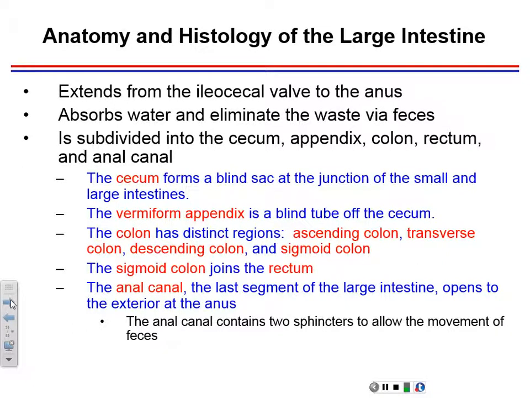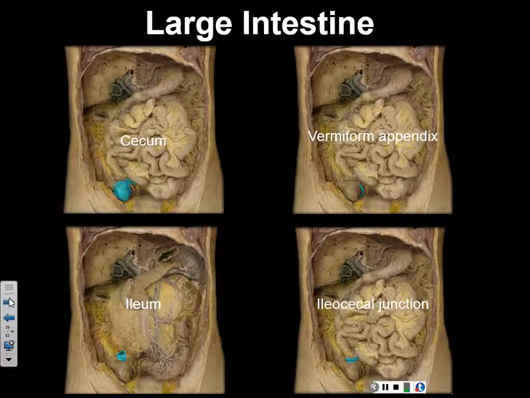The rectum is what stores the feces before you have the defecation reflex. And then the anal canal is the last part. The anal canal is guarded by the internal sphincter, which is opened reflex-wise, and the external sphincter is one you open voluntarily when you want to poop, right? Okay. So anyway, that's the large intestine.